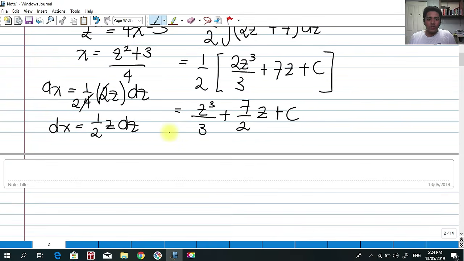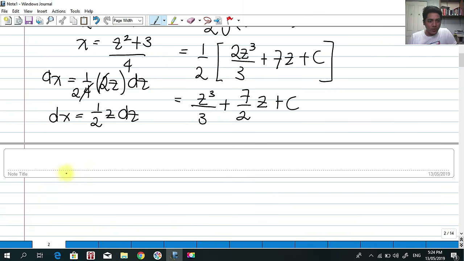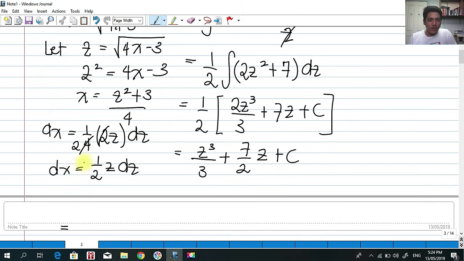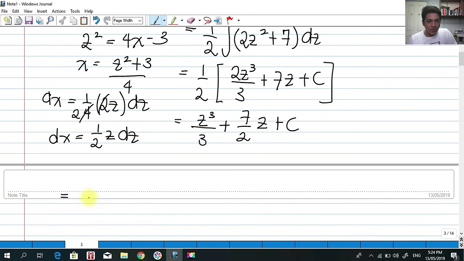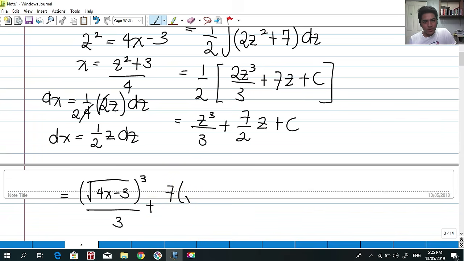What we are going to do is back substitute the values of z. So we have now z cubed, where the value of our z is the square root of 4x minus 3. So we have the square root of 4x minus 3, since that is a cube, raised to 3, over 3 plus 7 times the square root of 4x minus 3 over 2 plus c.